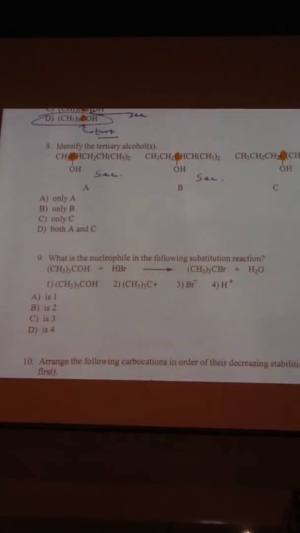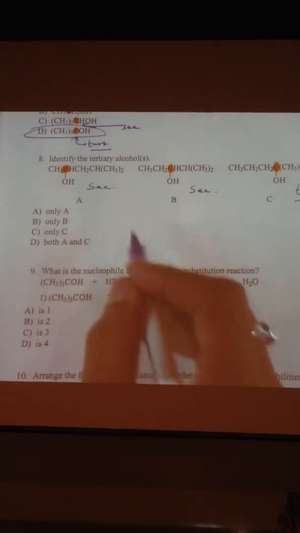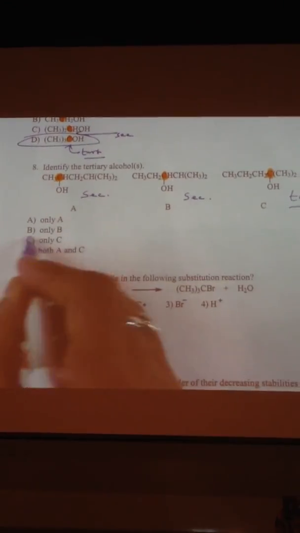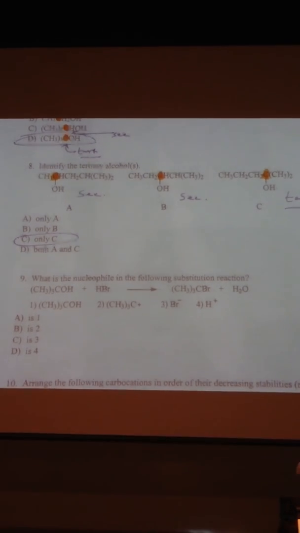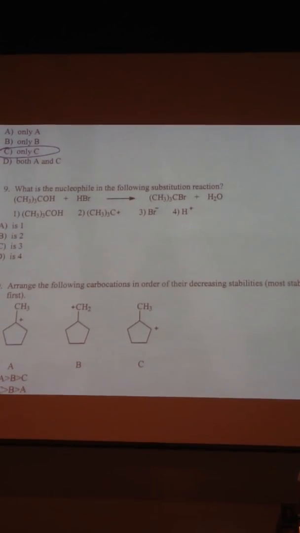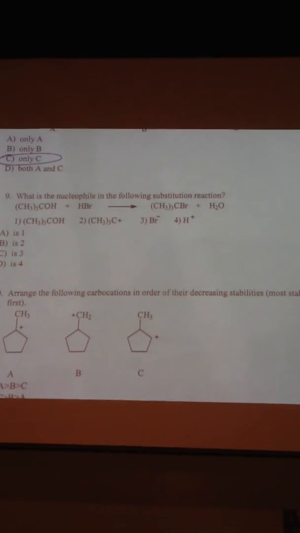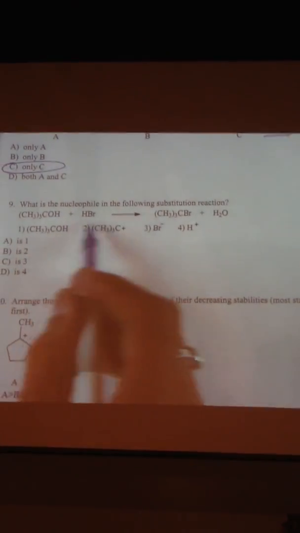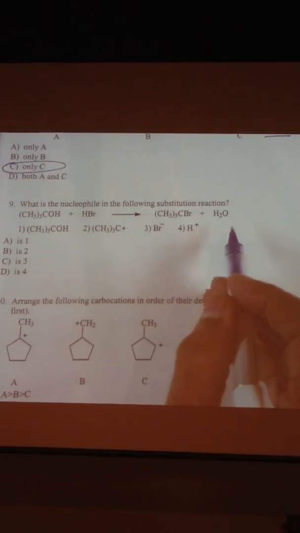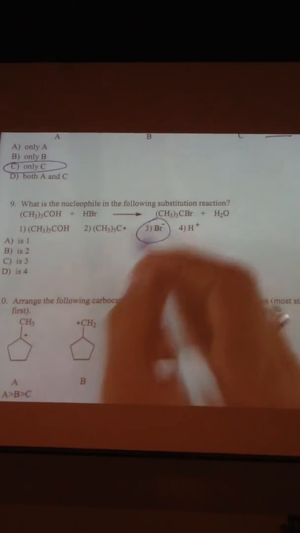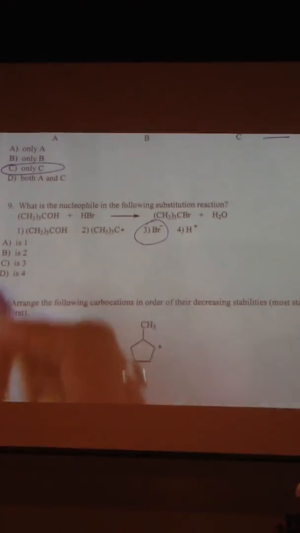So that is the most reactive one. And this is the tertiary alcohol, so this is only C. What is the nucleophile in the following substitution reaction? This is the example that we gave you, and the nucleophile, of course, is the Br minus.